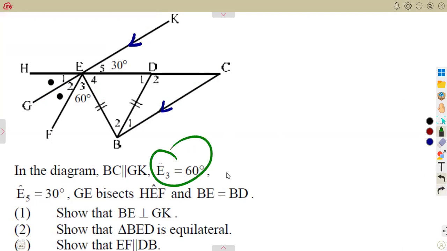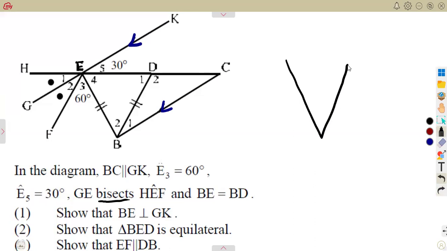We have got angle E3, 60 degrees, all right? That is at point E. Here we've got E3, which is 60 degrees, and also E5, which is 30 degrees. GE bisects. What is to bisect? You are given an angle like this.